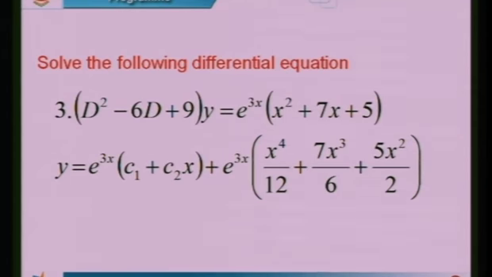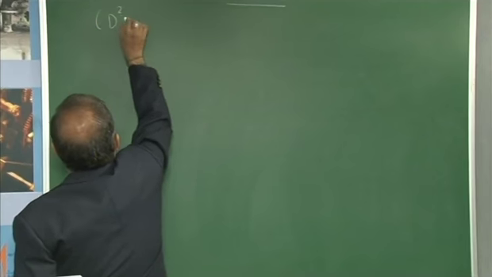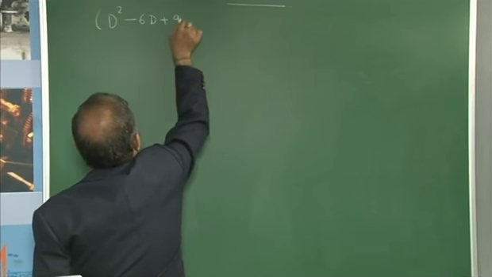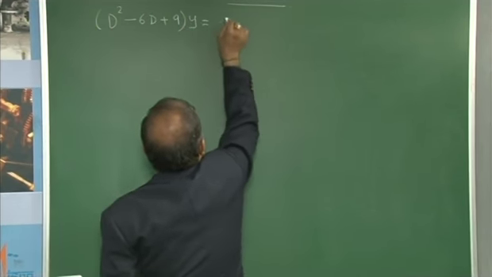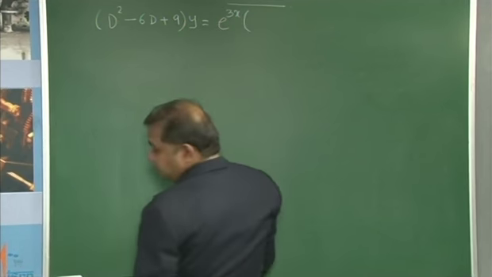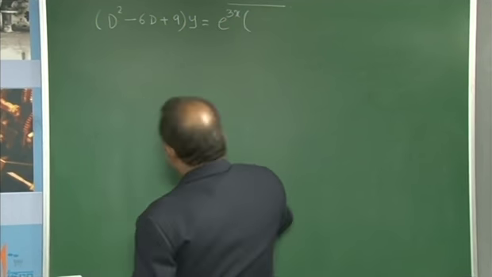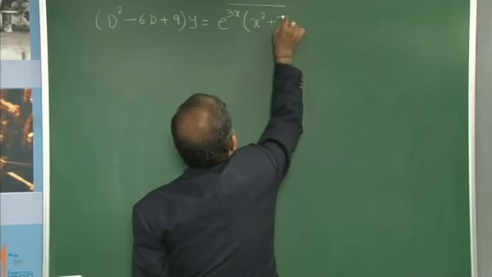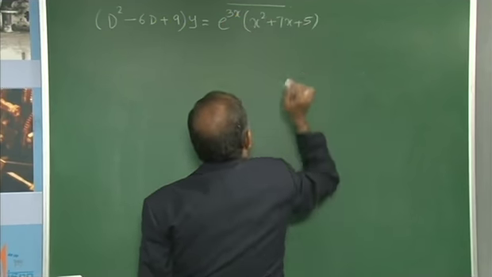What is our type 3? Type 3 is a polynomial of degree n. So it may convert to type 3, that is the problem we are taking. Let us consider the question. D squared minus 6D plus 9 into y is equal to e power 3x into x squared plus 7x plus 5.